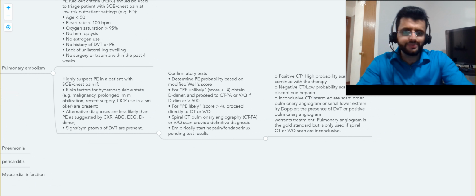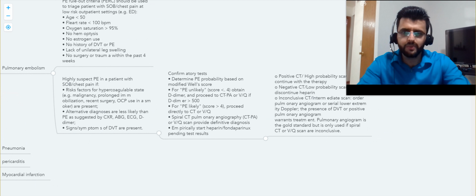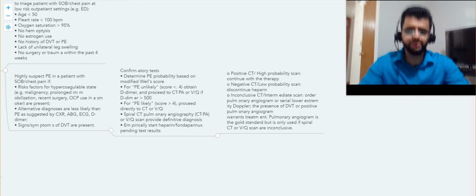So what do you do after that? You check how the probability is going. If the patient has low probability, we go for D-dimer. If the patient has high probability, we go for CT angio or ventilation perfusion scan.